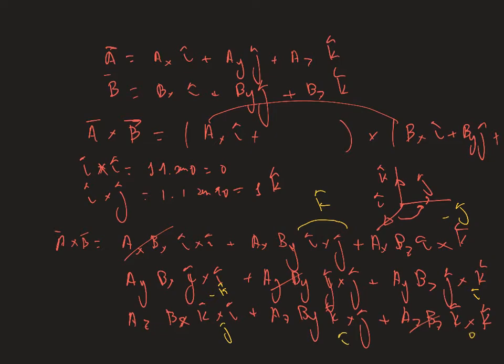So if you regroup all these terms, you will get something that is on the next page. A cross B will be one thing in the i component, plus another term in the j direction, plus another term in the k direction.